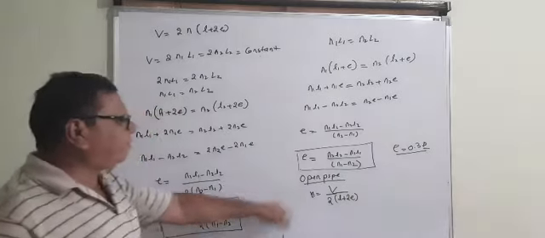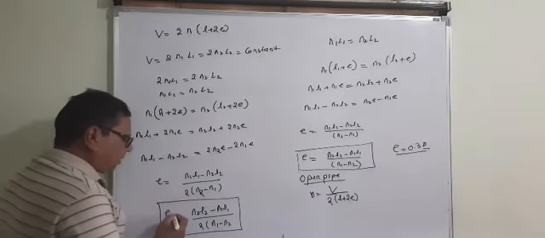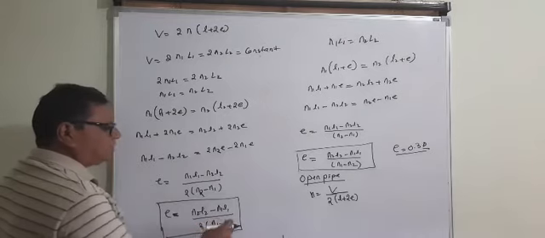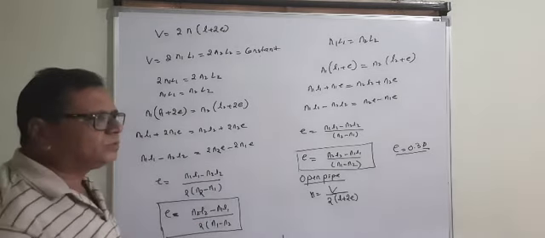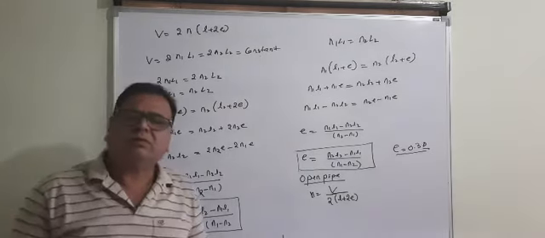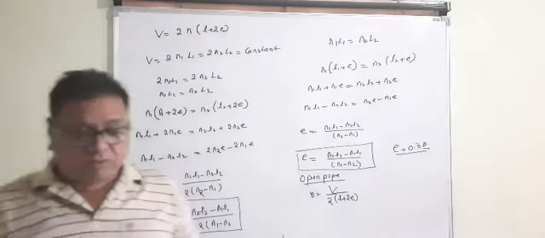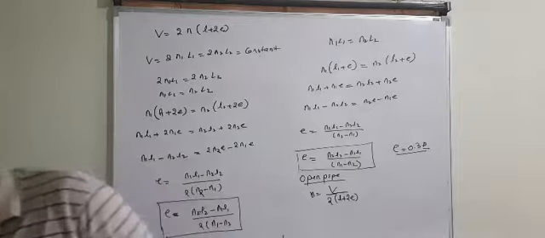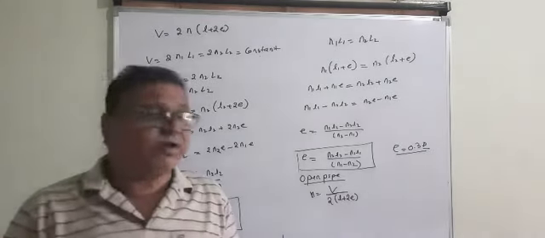For the open pipe, E is equal to N2 L2 minus N1 L1 over 2 times N1 minus N2. So in this way, we conclude the article, practical determination of end correction.